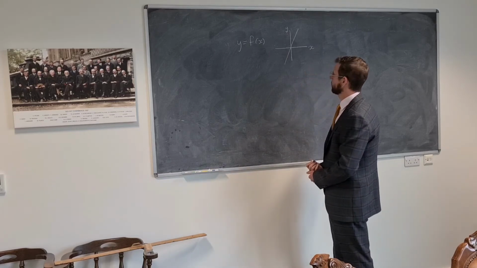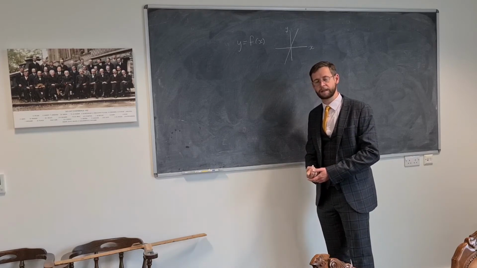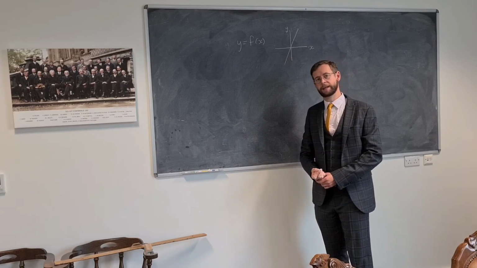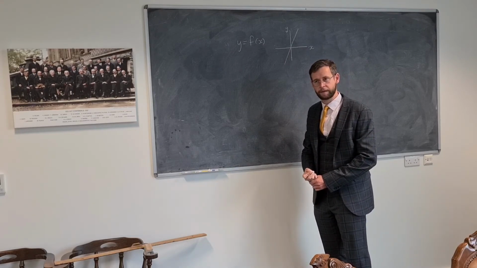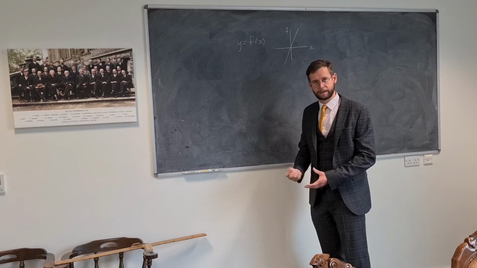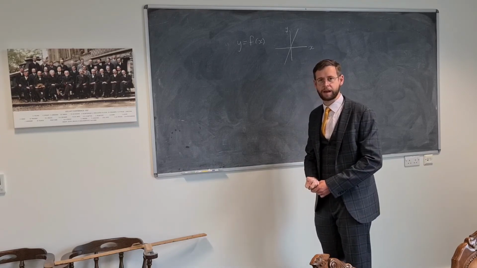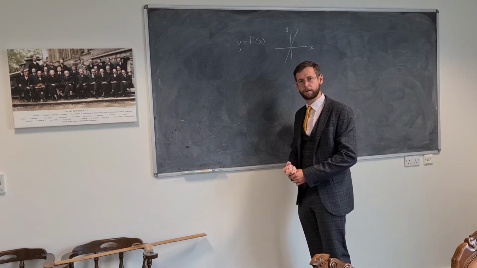Now, in mathematics, we might call these two axes on this graph slightly different names. We would call the x-axis the domain, and we would call the y-axis the range. For the sake of the physical sciences, independent variable and dependent variable are more related to an actual experiment that we might do, so we will use that terminology onwards.